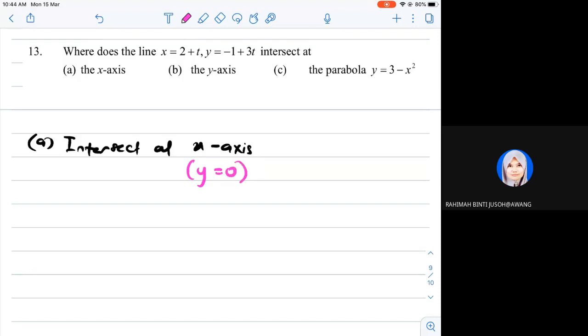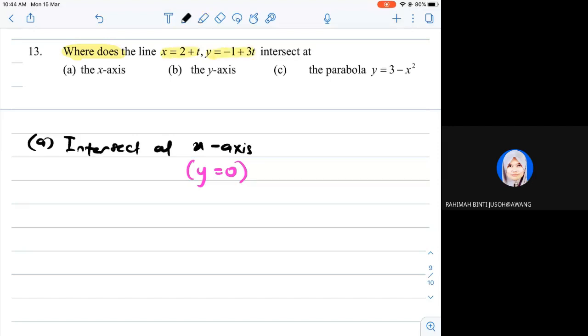So in this case, we need to find the coordinate, because the question asks where the line intersects. From here, we know already coordinate y equals to 0. So we need to find the value of t, because to know the coordinate we have to find t and substitute into the equation above.